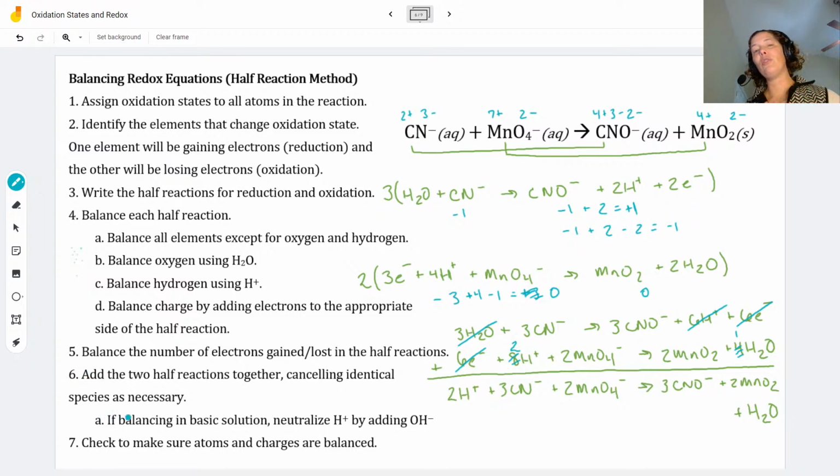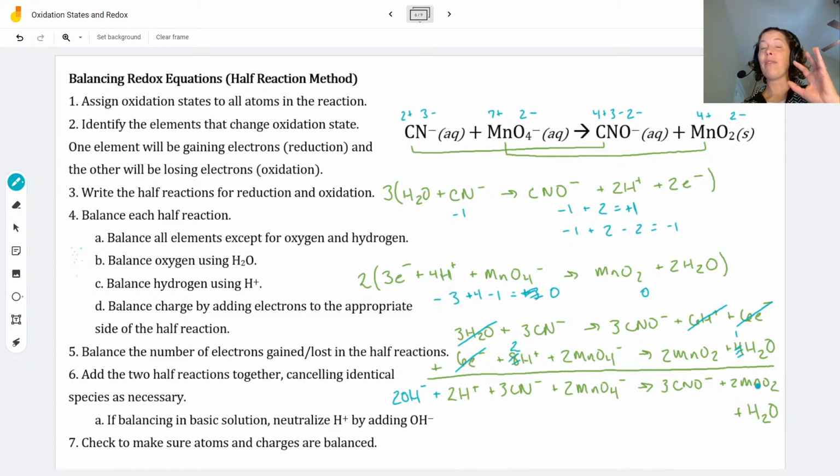Okay, so what I'm doing is step 6A here. I'm assuming that now I need to actually balance in basic solution. If you need to balance in basic solution, you actually balance it in acidic solution first, and then you turn it into basic solution. I'll show you how to do that. I'm neutralizing my acid by adding base. Because I have 2H plus here, I'm going to add 2 hydroxide.